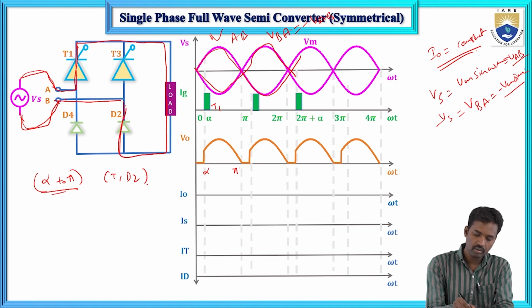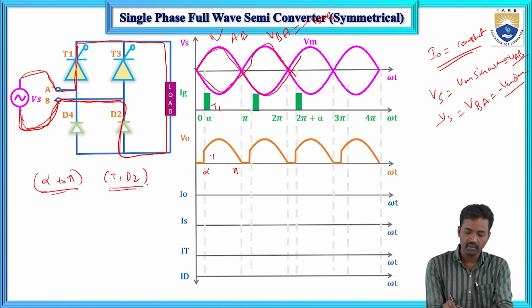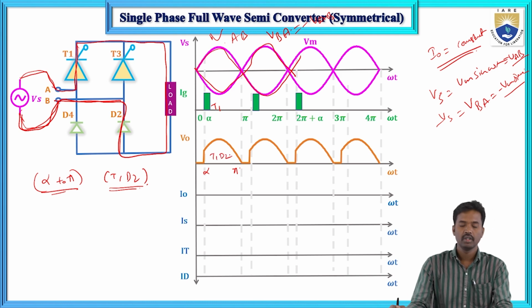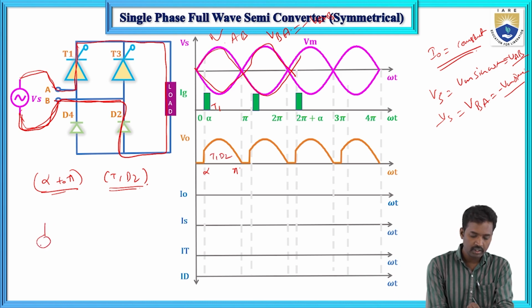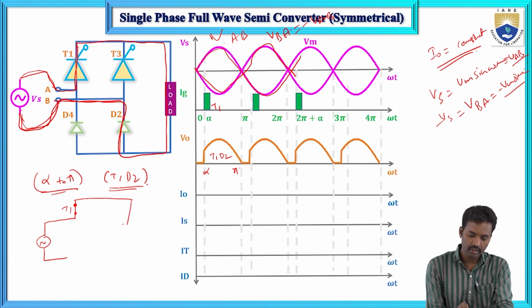This is the load. Now I am drawing the equivalent circuit where T1 and D2 conduct. This is the AC supply, T1 is conducting, and this is the load, and D2 will conduct.